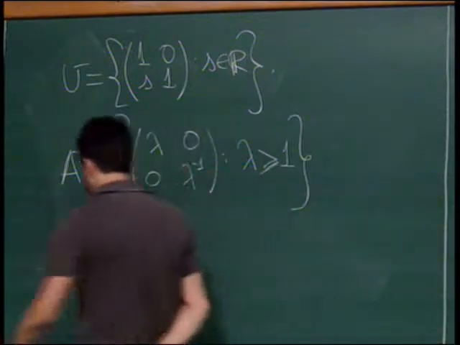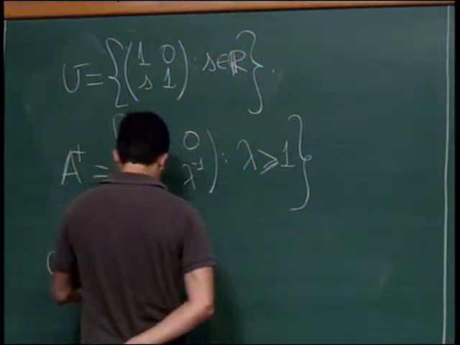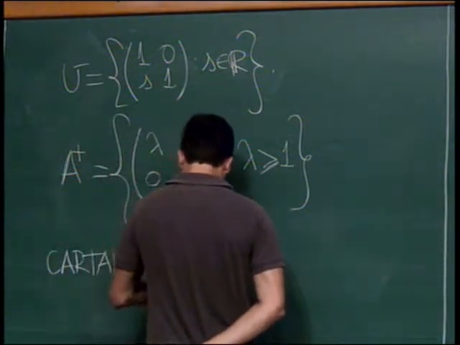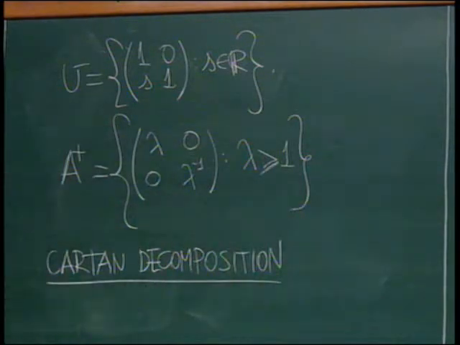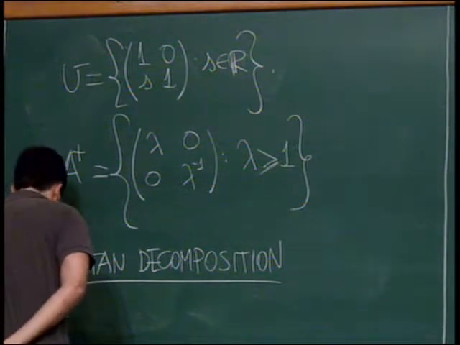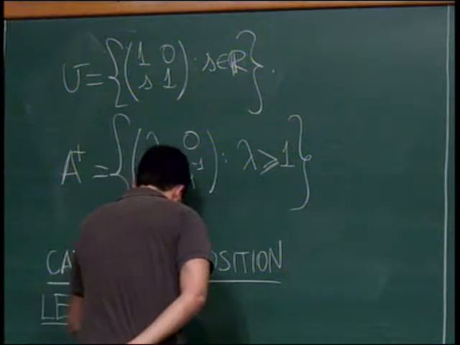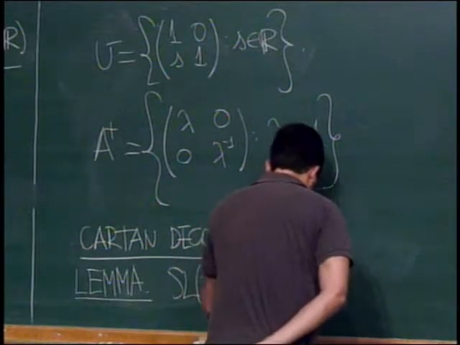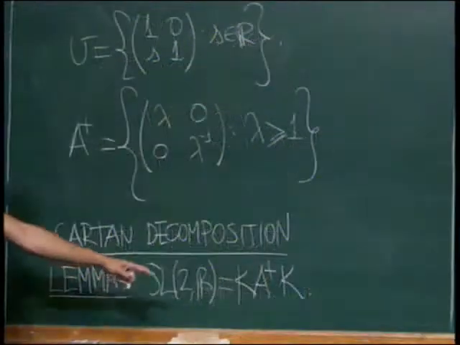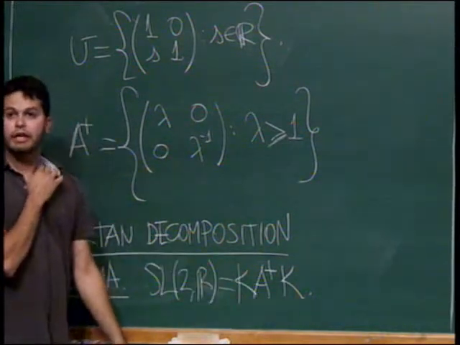Okay, so the first thing that I would like to show you is what is called the Cartan decomposition. The Cartan decomposition tells you, so this is a lemma, that each element of SL2R can be uniquely written as the product of an element of K times an element of A plus times an element of K again.